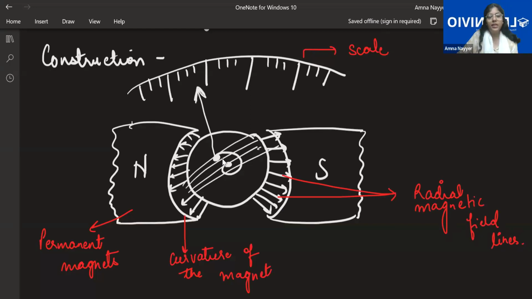Okay. Now here there is a soft iron core. The circular part which you can see, this is a soft iron core. Now on this there is a wrapping of wire, aluminum wire or any wire.